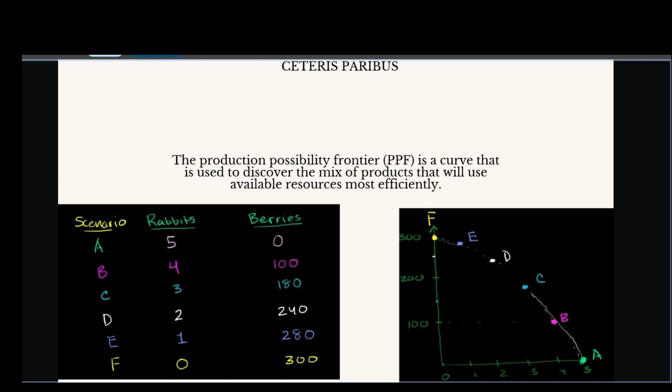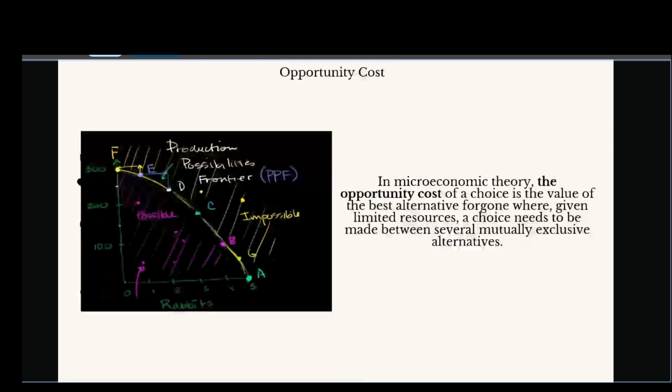So two terms: opportunity cost and marginal cost. Marginal cost is how much it costs to acquire 1 point of something, and opportunity cost is how much you give up when you want some number of points of something.